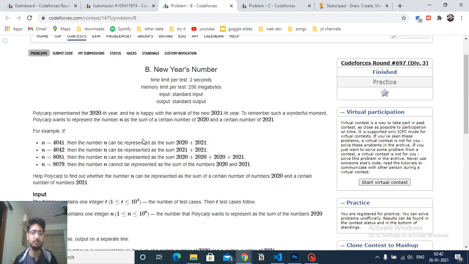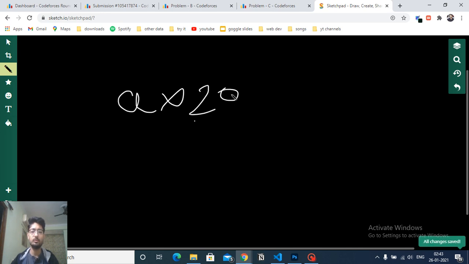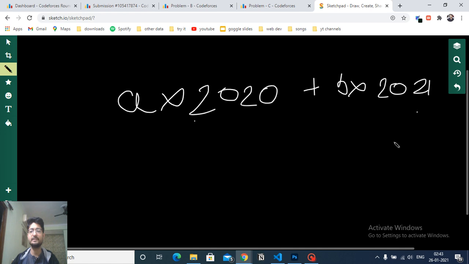Okay, the second problem is Polycarp remembers. Or you can actually read the problem statement in simple terms. It states that you are given a number n and you have to write that number as a summation of some times 2020 plus some times 2021. What I mean by this is you can write a times 2020 plus b times 2021 is equal to n, and you have to find out the values of a and b if they exist.